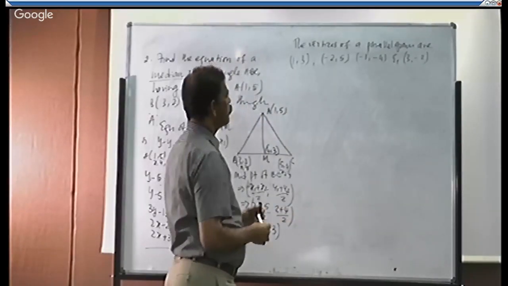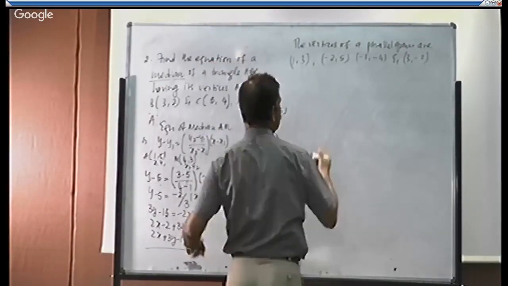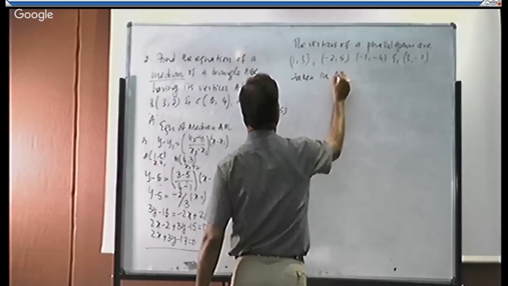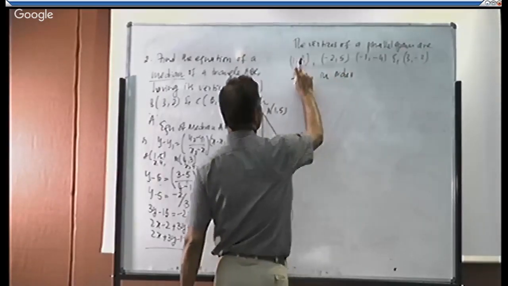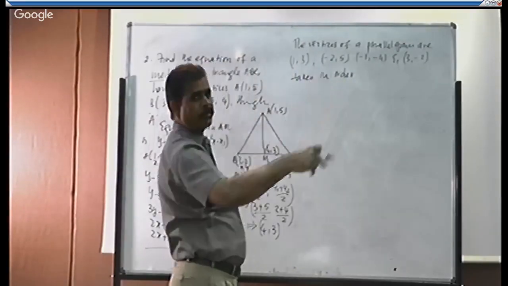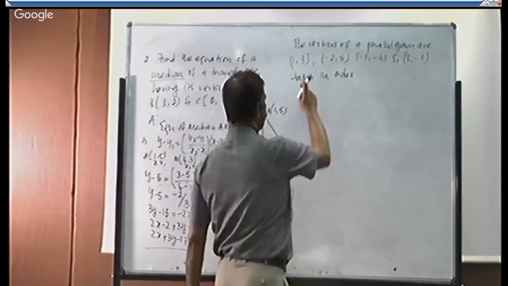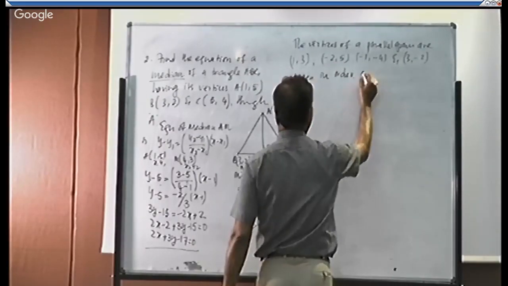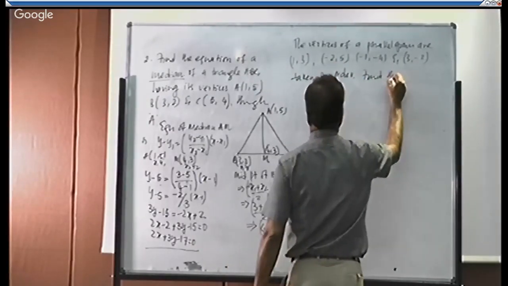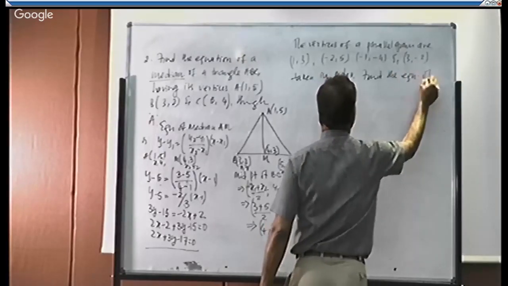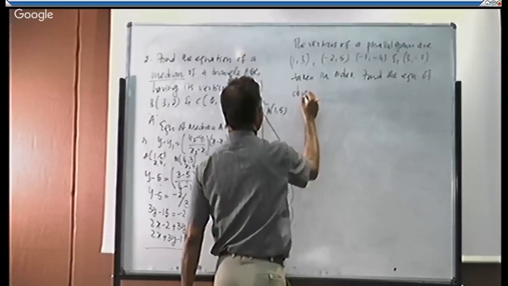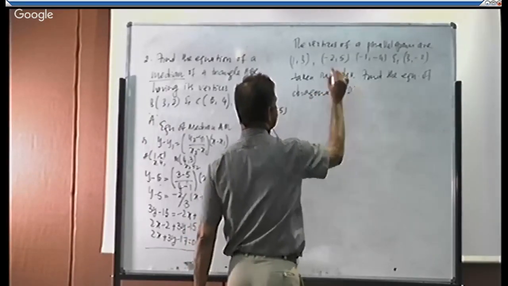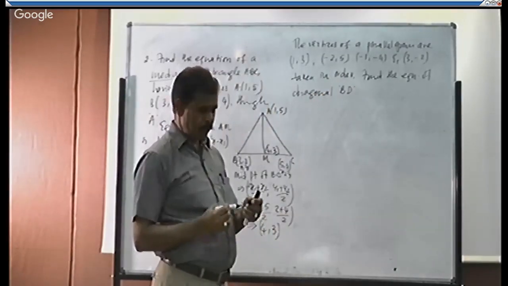The vertices of a parallelogram are taken in order. It means the first point is A, then B, C, D. We should not take A, B, C, D in any other way. In order. Find the equation of the diagonal BD.